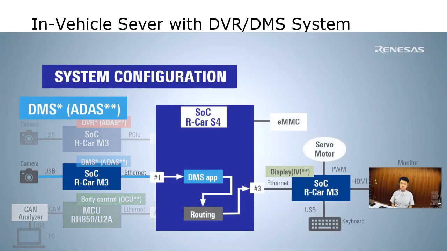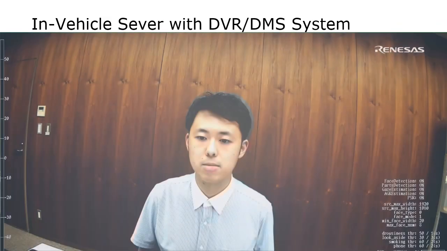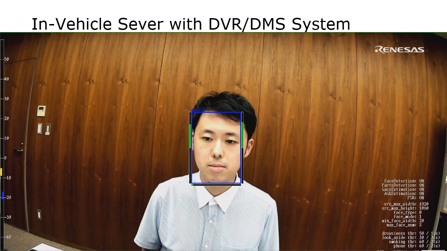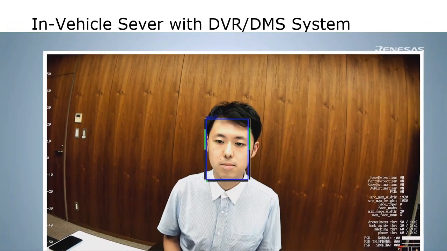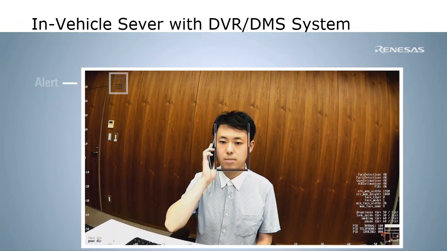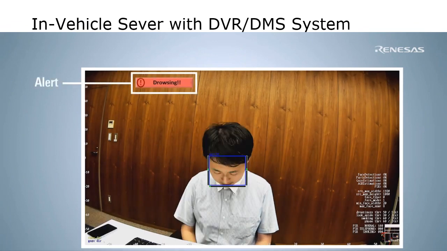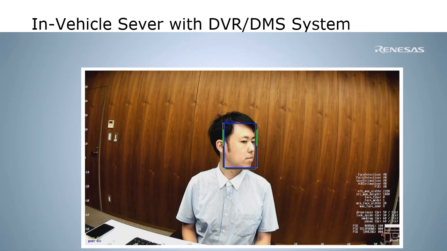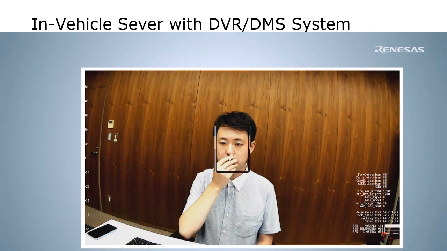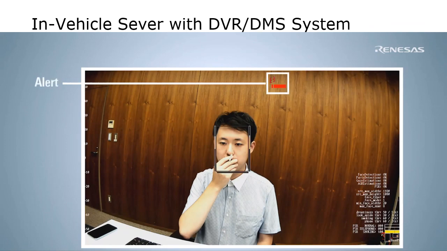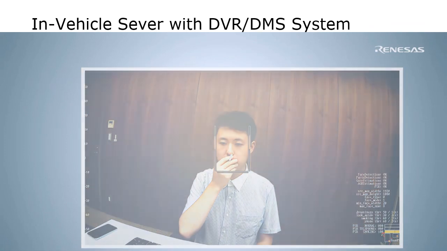The second is DMS. When the driver is seated, the system first detects the driver's face. If it is determined that the driver is talking on the cell phone, falling asleep, looking aside, or smoking, a warning is displayed.